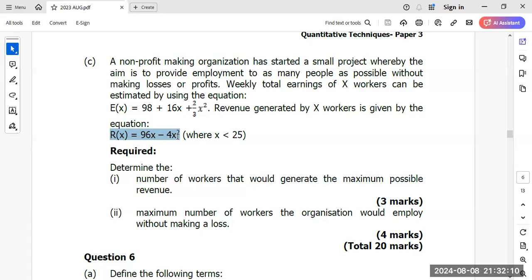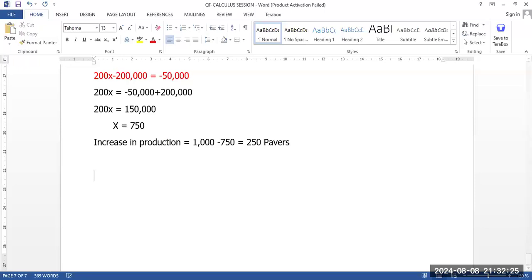This is our revenue function. Differentiate this and get the number of workers. So this is part C, Roman 1.